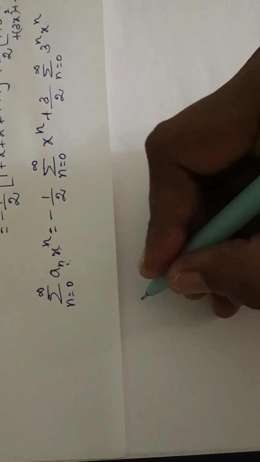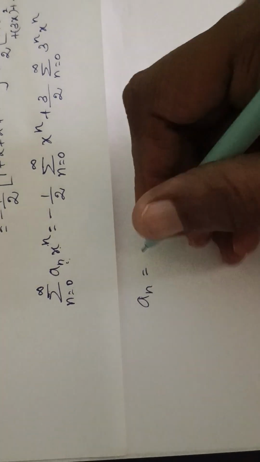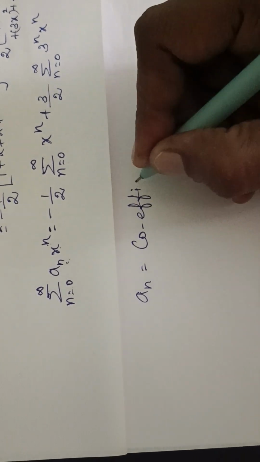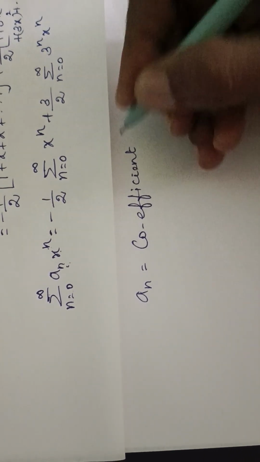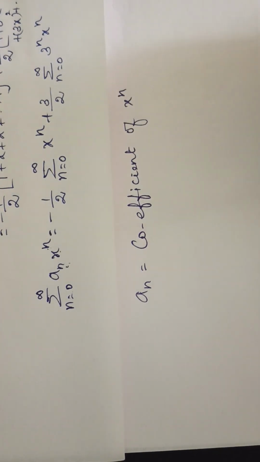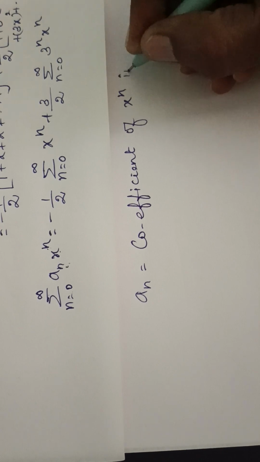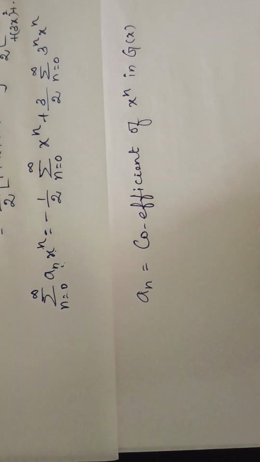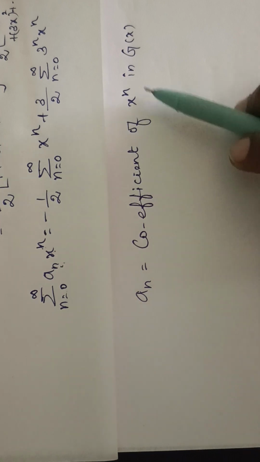So an is equal to, what is the final answer? Coefficient of x power n in that generating function. So an is equal to the coefficient of x power n in g of x. We will get the final answer.